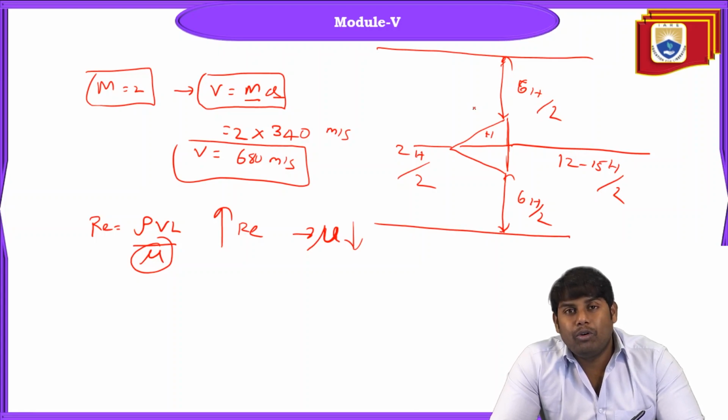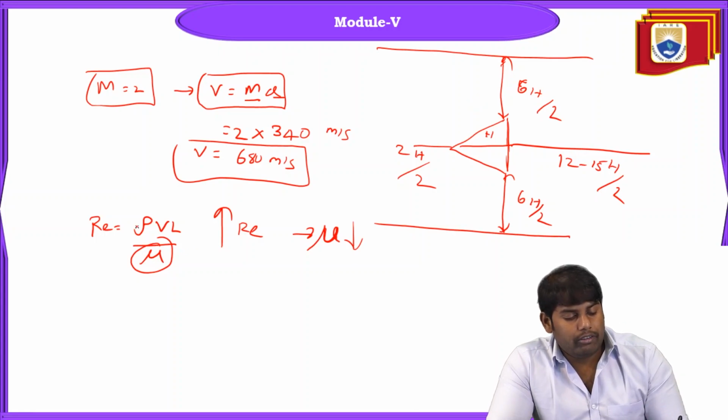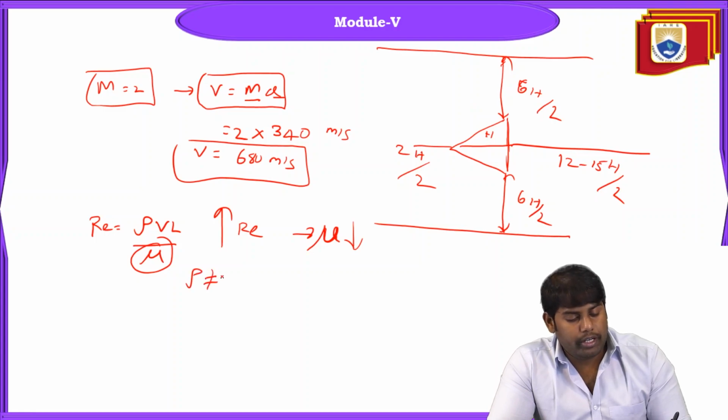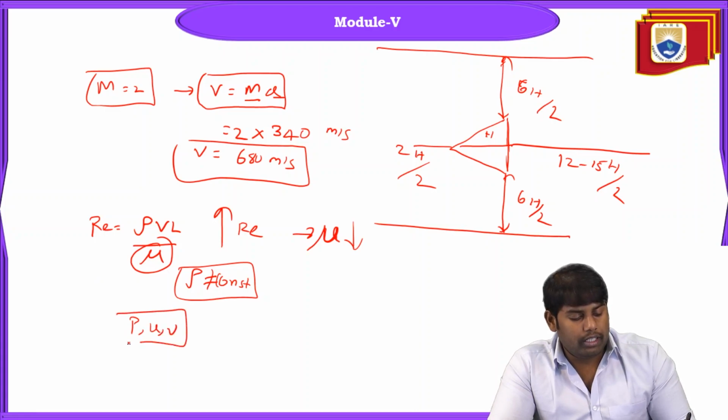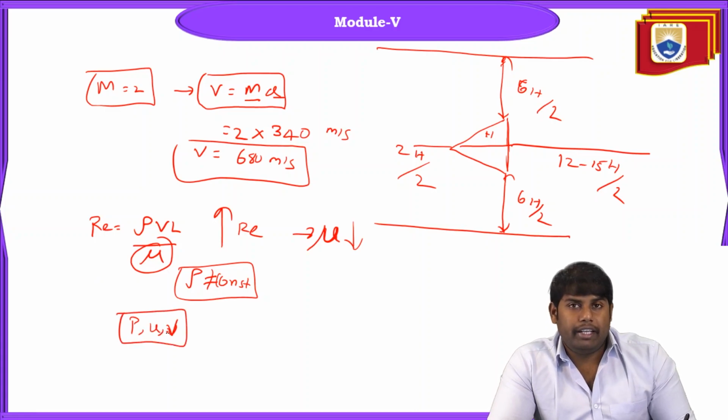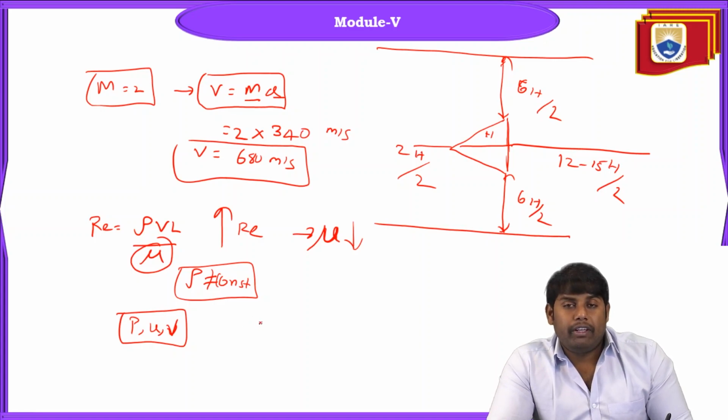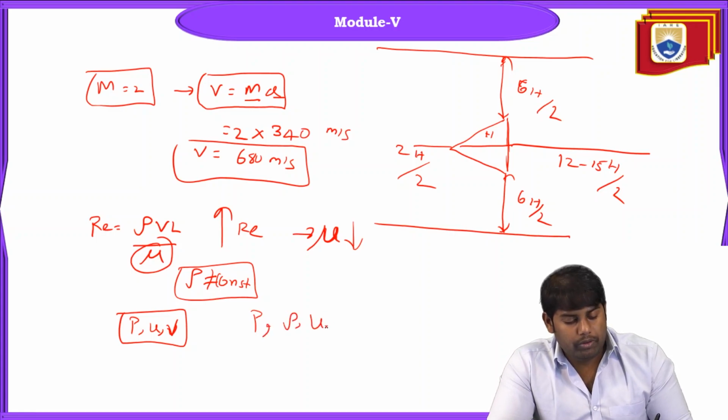But one more complexity is that we have a density parameter which is not constant. Fine. So in incompressible flow, how many variables do we have? We have pressure, u velocity, and v velocity, and we have 3 equations. But when the density factor comes into the picture, you have p, rho, u, v.